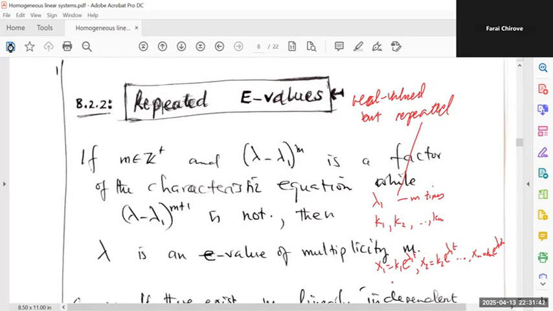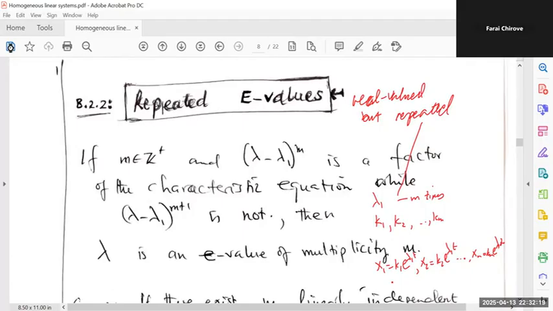You use the same approach, because k1, k2 up to km are linearly independent. It makes the solution vectors x1, x2 up to xm linearly independent. The general solution is just a linear combination of these m solution vectors. So this one is more straightforward.